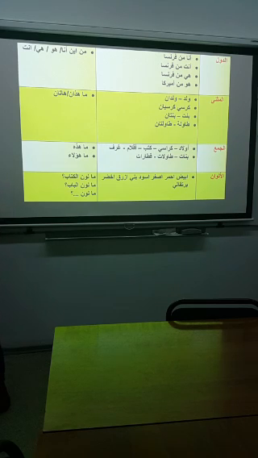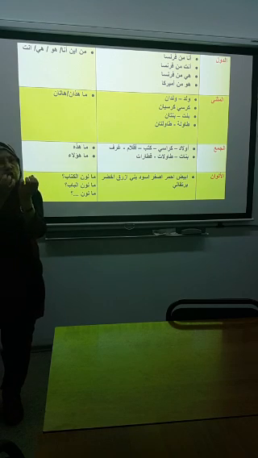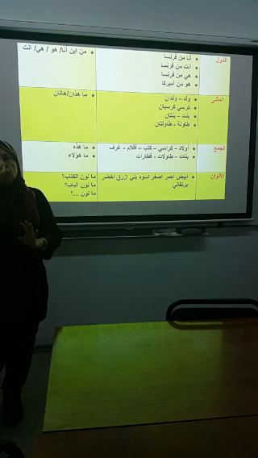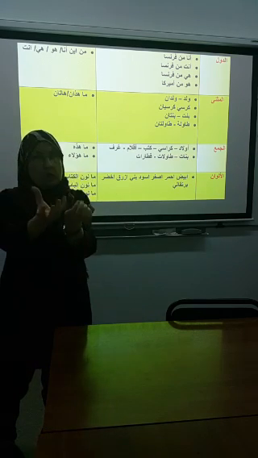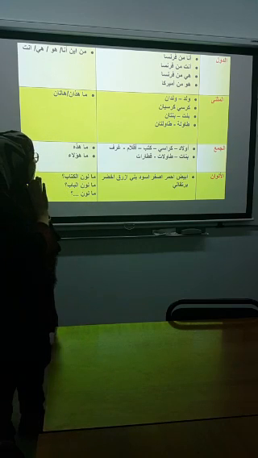Okay? 2 mobiles. The words that they already know, that they have already studied. We use 2 and we show them. برتقالة، برتقالة، برتقالتان. تفاحة، تفاحة، تفاحتان. كتاب، كتاب، كتابان. Together. كتابان.